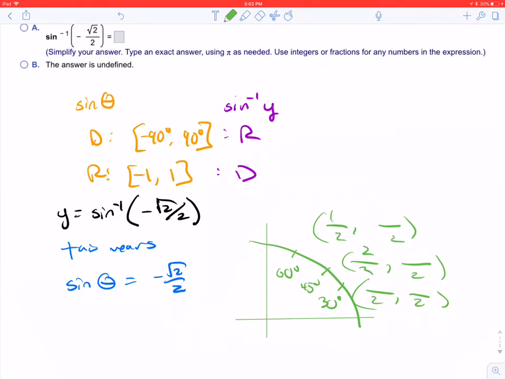Then we go 1, 2, 3, and take the square roots of all the numerators. So then root 2 over 2 is 45, but if we want negative, and we have to go from 90 to negative 90, so we should choose negative 45 degrees.